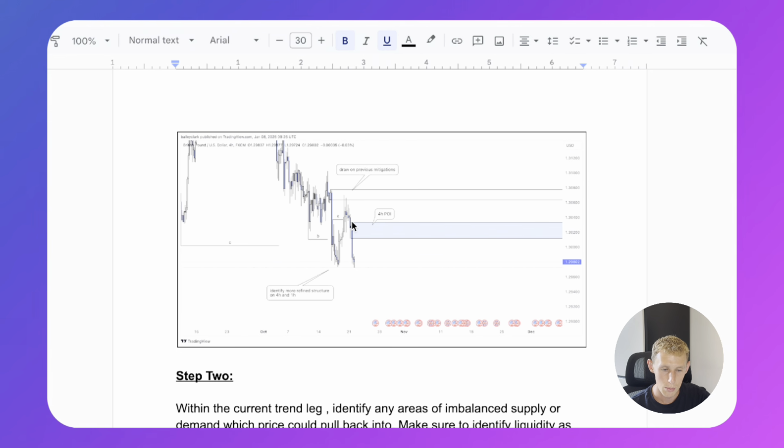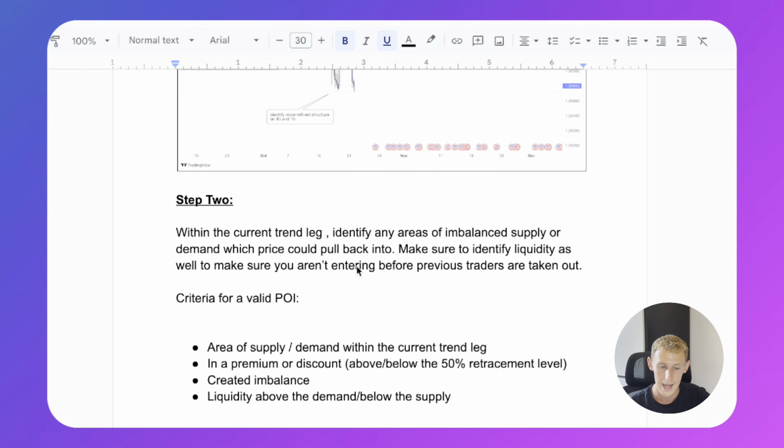You can see it's the single bullish candle before we had this big sell-off, and it created imbalance. We need to see imbalance created because this basically signals to us that this is an area where people were willing to sell from in the past, and therefore it's very likely that people will be willing to sell from this price if it comes back up into it and react from it again.